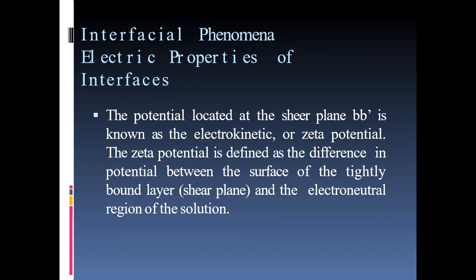The next property is zeta potential. The potential located at the shear plane is known as the electrokinetic or zeta potential. The zeta potential is defined as the difference in potential between the surface of the tightly bound layer and the electroneutral region of the solution.